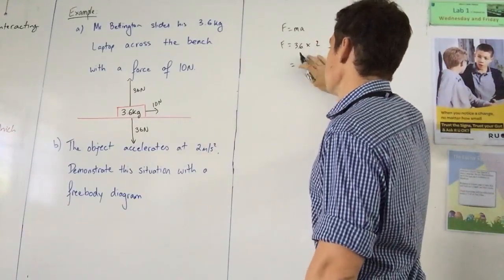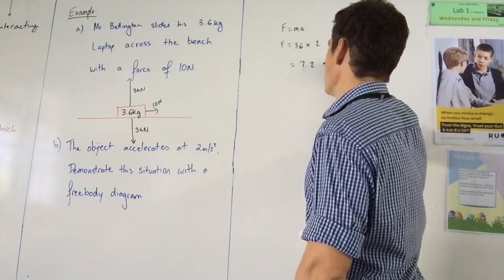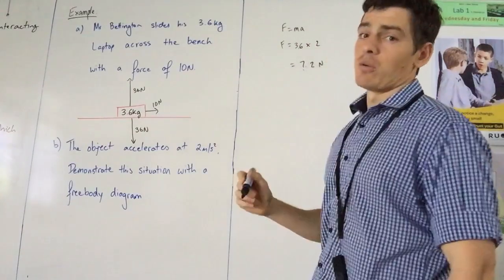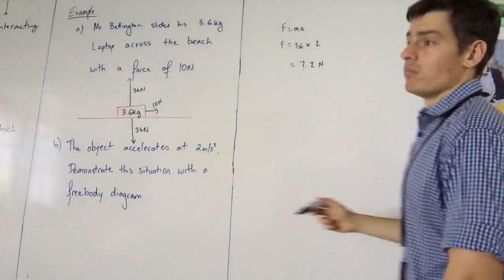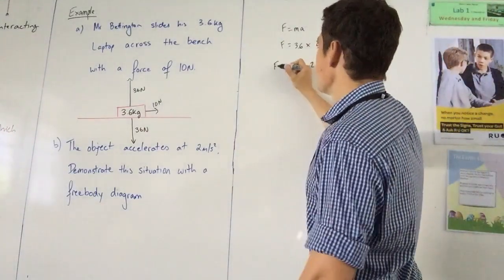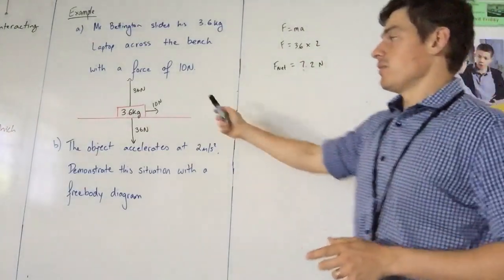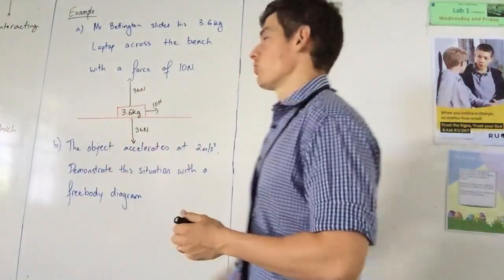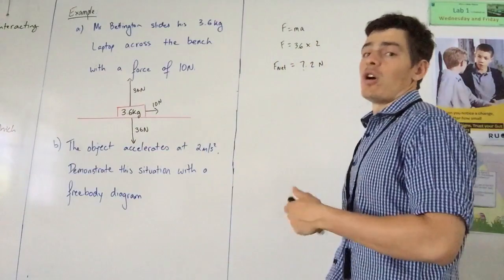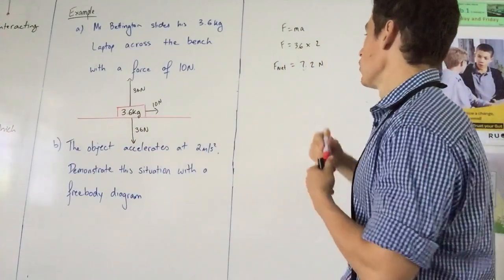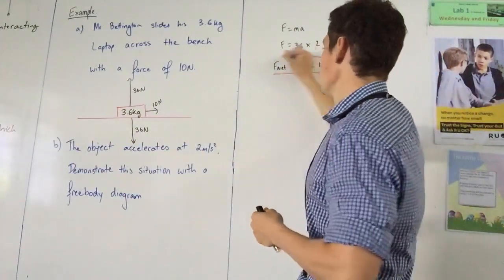So 7.2 newtons equals F. What that really equals is not any one of these forces, but my net force, the total force. When I subtract my frictional force from 10, I will find that my result is 7.2 newtons.